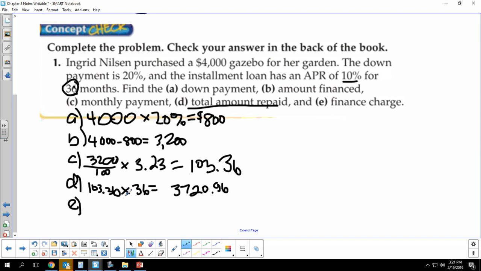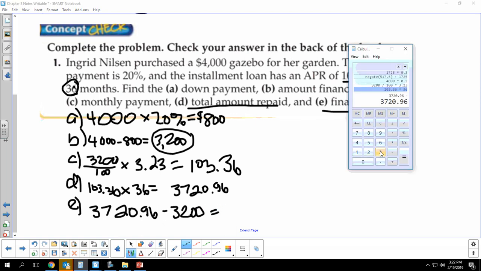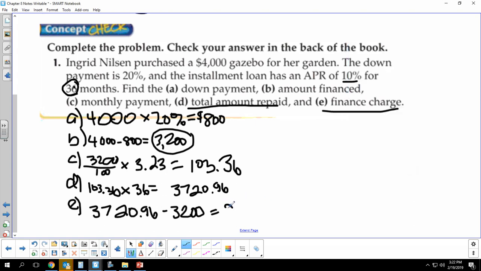Now our finance charge, E, is the total payback minus our original amount, $3,200. We get $520.96.